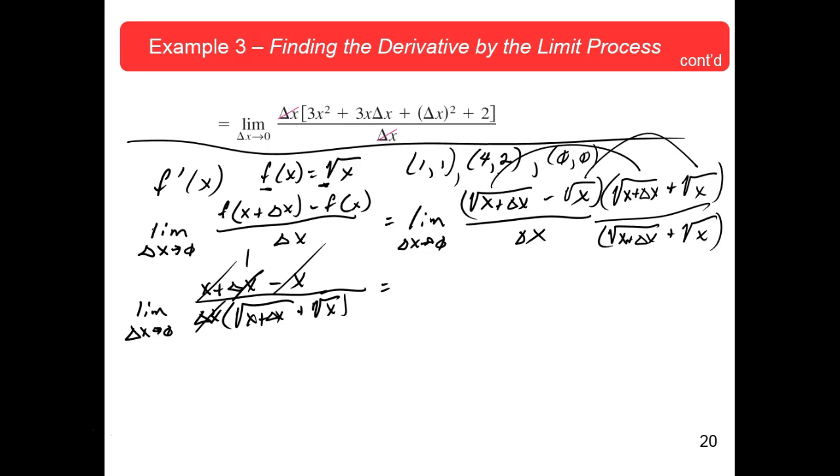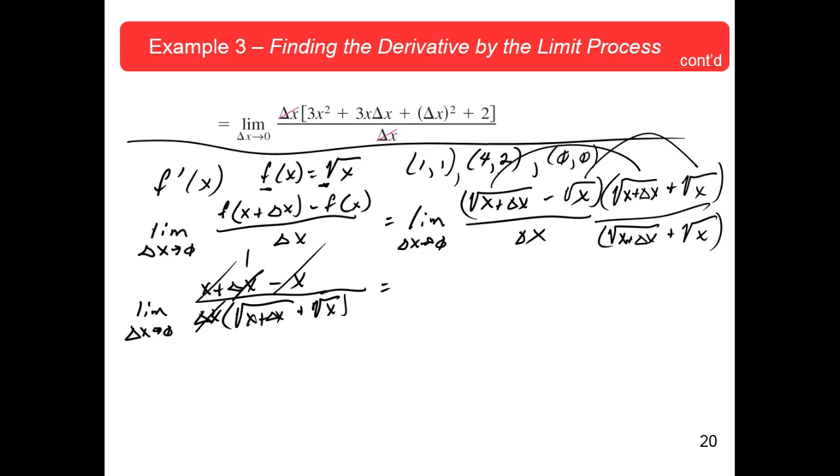So at this point where you have a 1 over this thing, we can plug it in, right? So put a delta x going to 0 here, what do you get? Square root of x plus square root of x. What does that give you? 2 times the square root of x, right?